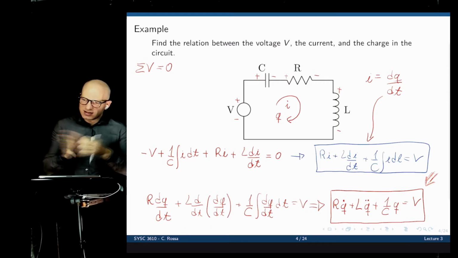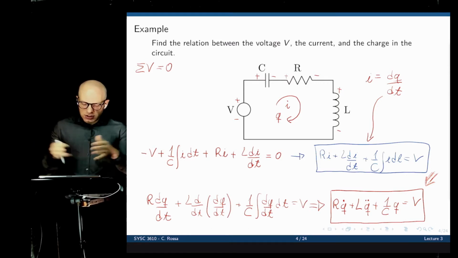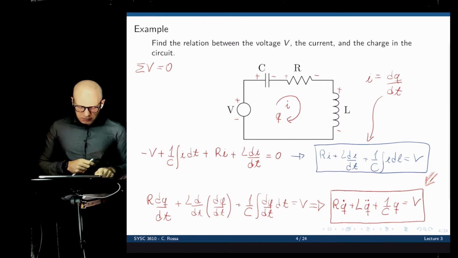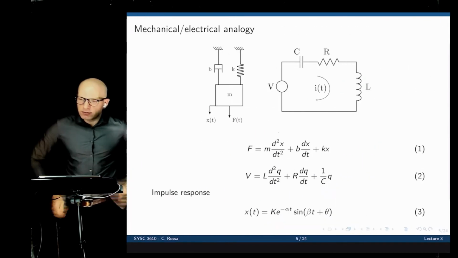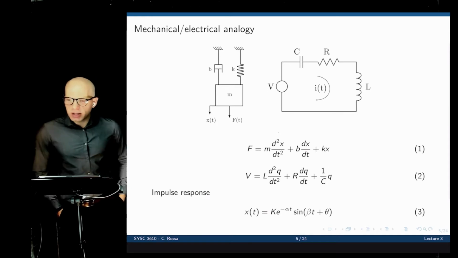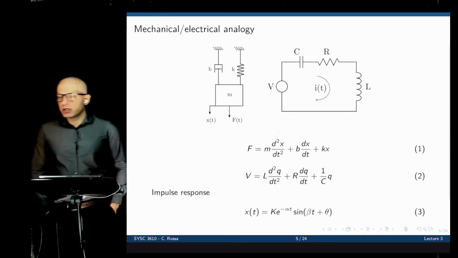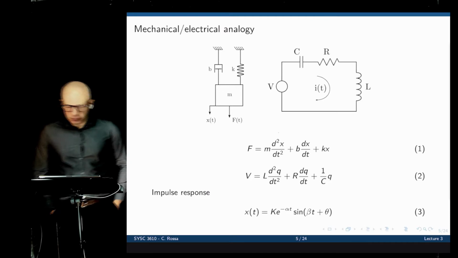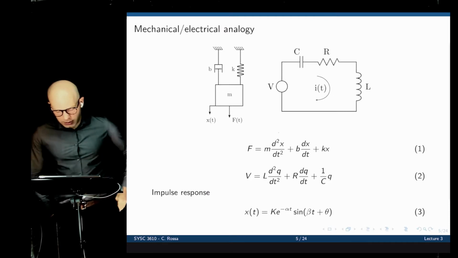Here we have a very similar structure. These equations seem very similar, so let's see if they are indeed. Let's go back to what we did in the last lecture and consider again the mass spring damper system and compare that with what we just did.